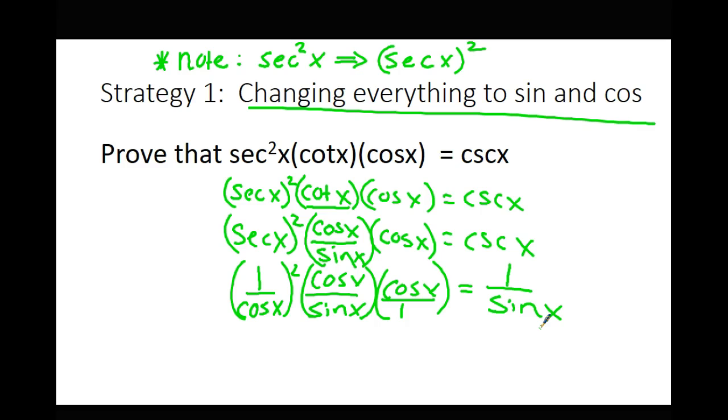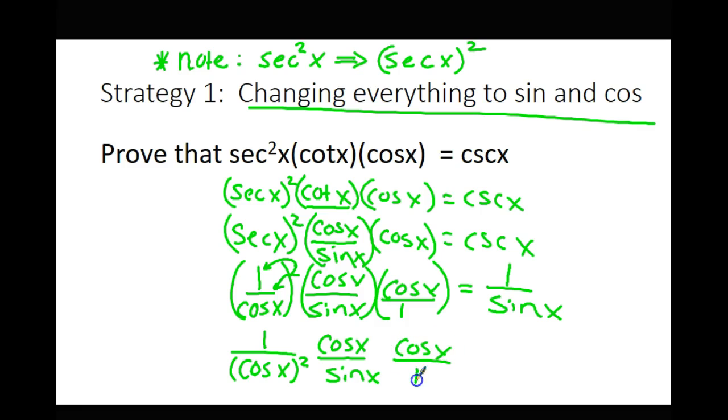Now, I'm going to get rid of this square here, so I'm going to square the 1 and square the cosine. So that's going to be 1 over cosine squared. And then I've got cosine x over sine x, and then cosine x over 1 and 1 over sine x.